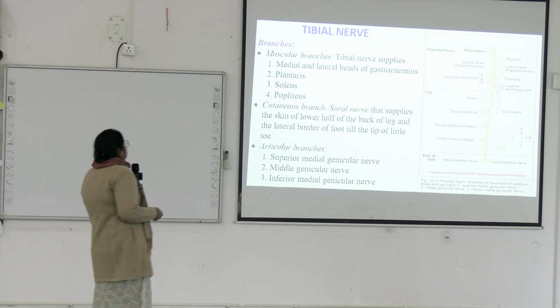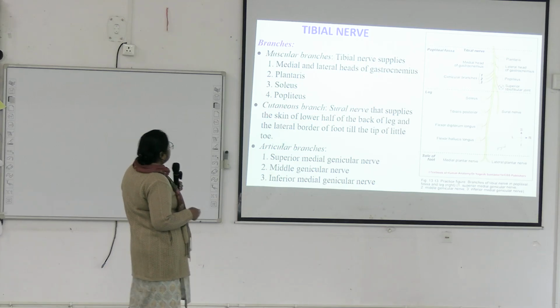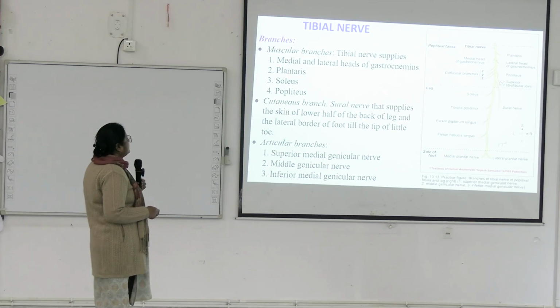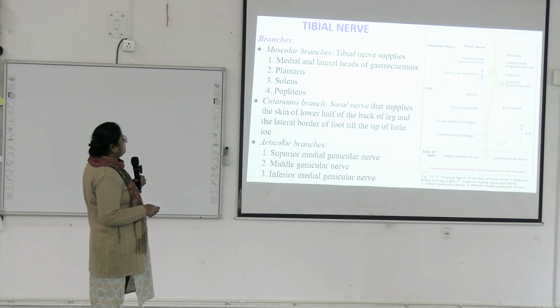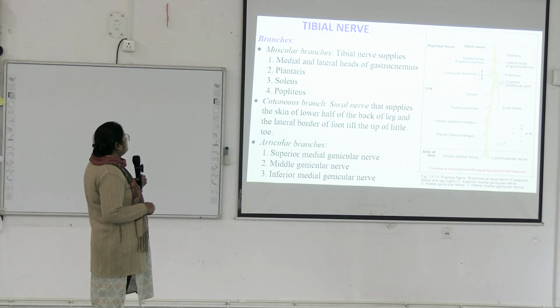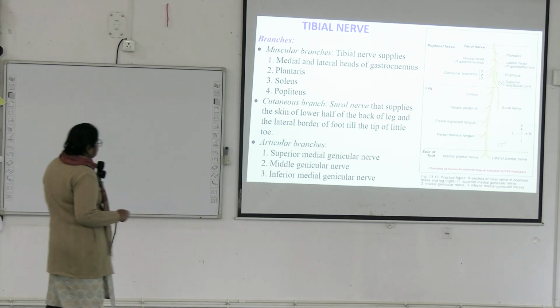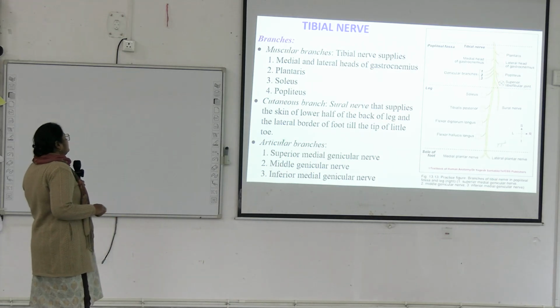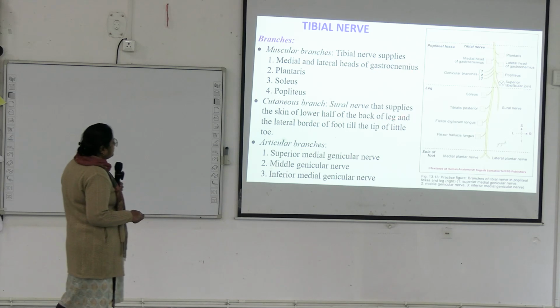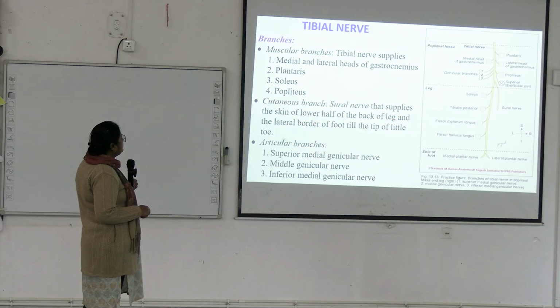Muscular branches: tibial nerve supplies the medial and lateral head of gastrocnemius, plantaris, soleus and popliteus. Cutaneous branch is the sural nerve that supplies the skin of the lower half of the back of the leg. This is the sural nerve, and the lateral border of the foot till the tip of the little toe.